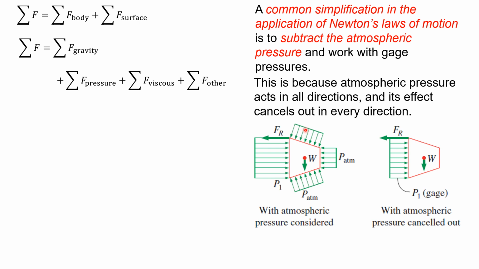Meaning if you have atmospheric pressure in this direction, there will be another atmospheric pressure in the opposite direction because it is exposed. So they will cancel each other, and you can just consider the gauge pressure, meaning it will start from zero, like how we use the pressure gauge to measure. It will simplify your calculations.